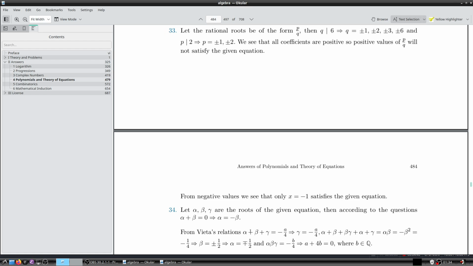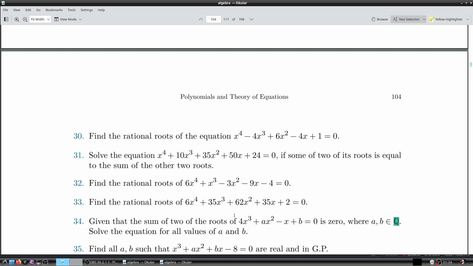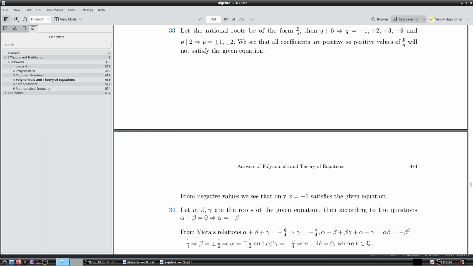From beta's relationship, alpha plus beta plus gamma would be minus a by 4. You see, a is this term and 4 is this, so minus a by 4. So that means alpha plus beta is 0, so gamma is minus a by 4. Now alpha beta plus beta gamma plus alpha gamma is equal to this. There is something wrong here.